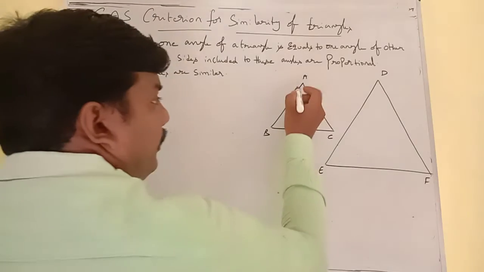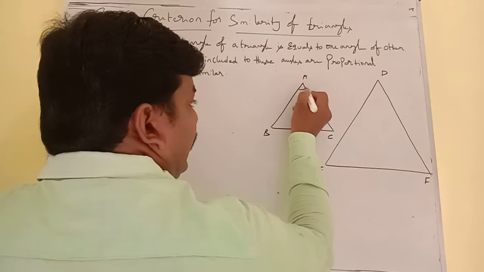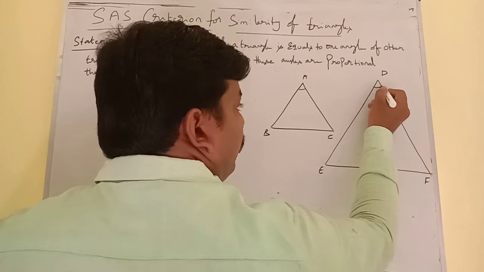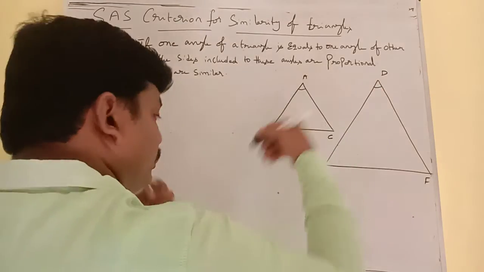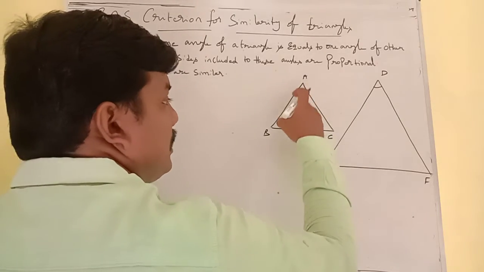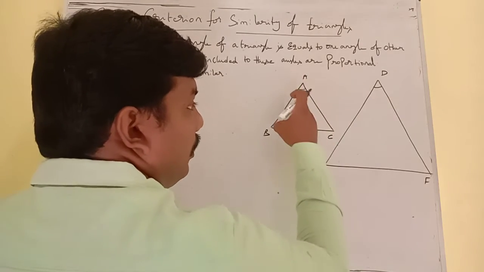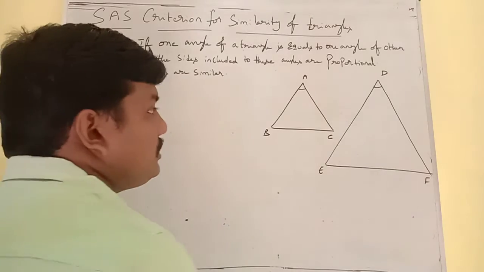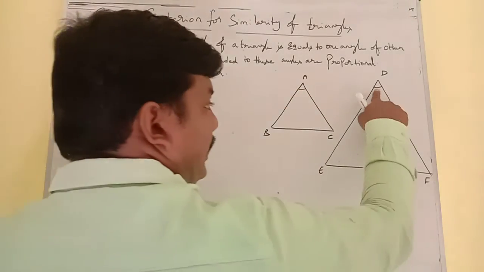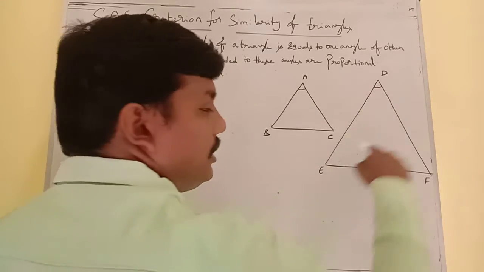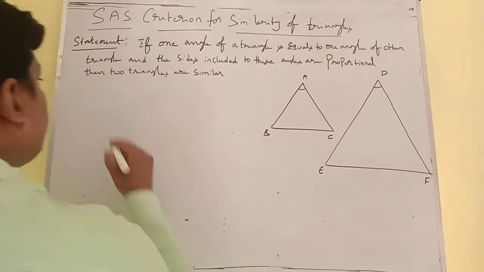The one angle of one triangle is equal to one angle of the other triangle, and the sides included to these angles, that is AB and AC, are included sides. That means this angle is included to the AB and AC sides, and angle D is included to the DE and DF sides. So what is given here?